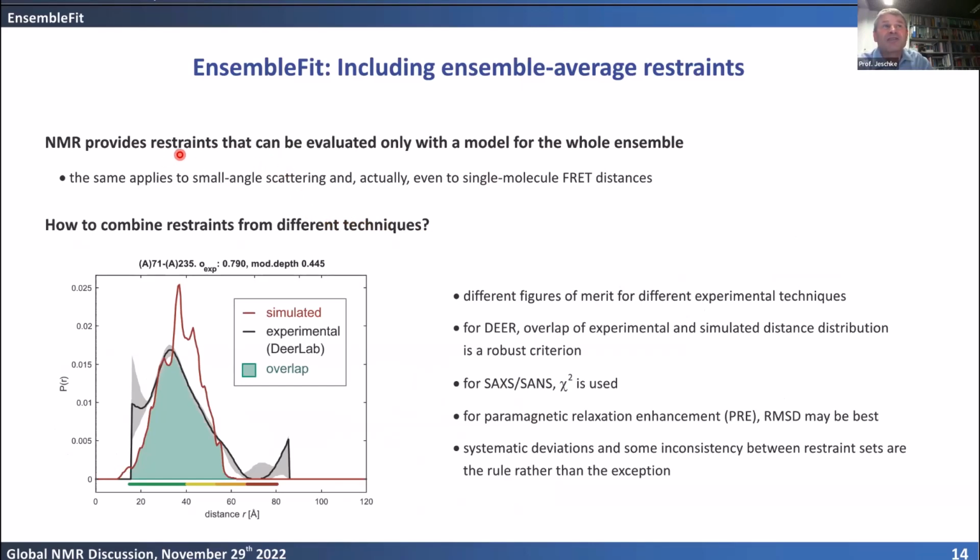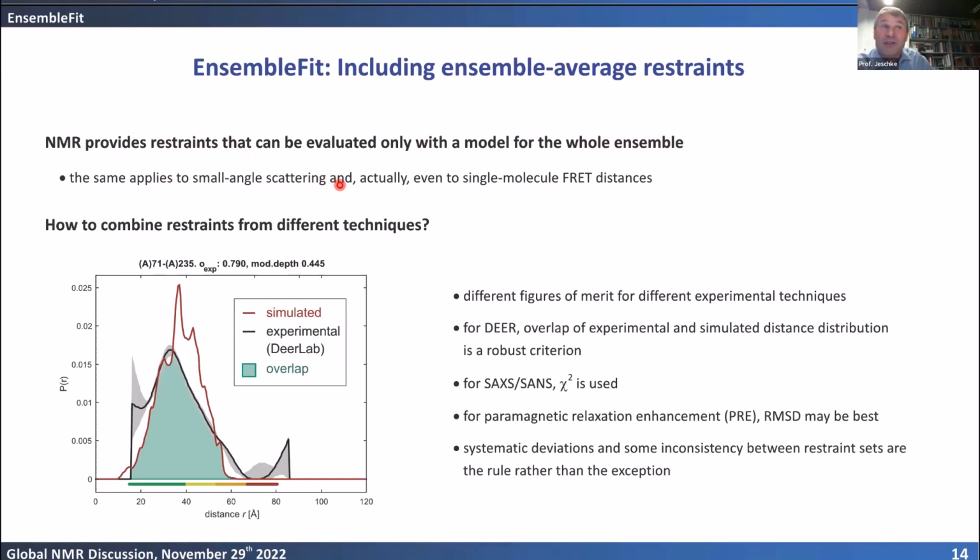The NMR restraints you can only predict if you have the whole ensemble. So the prediction from a single conformer doesn't help you because you measure ensemble restraints and they are on average, they are just a single number, and you cannot establish whether a single conformer is consistent with these restraints, but you can establish whether a whole ensemble is consistent with these restraints.